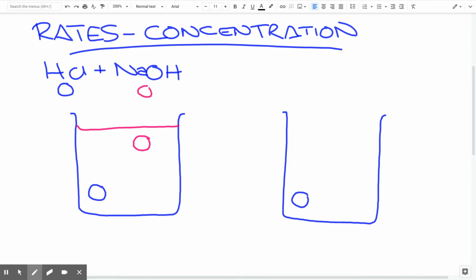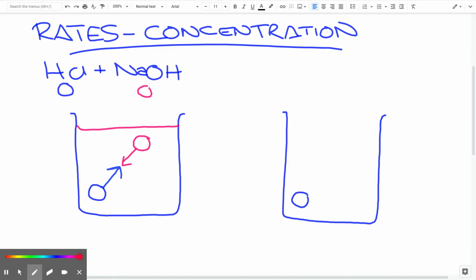And what you can see is that in order for a potential successful reaction to occur, the red particle of sodium hydroxide has to collide with the blue particle of HCl. And in the left-hand case, we can see that relatively straightforwardly.